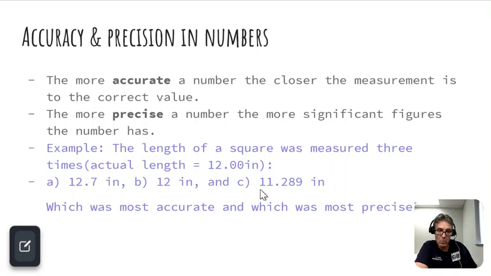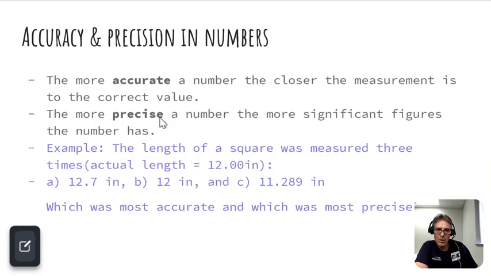Now this was the most precise of all three measurements because it's measured to the thousandths, the tenths, the hundredths, the thousandths position. But if the true value is actually 12.00 inches, in spite of all the precision here, that's not a very accurate number. So that is something about accuracy.